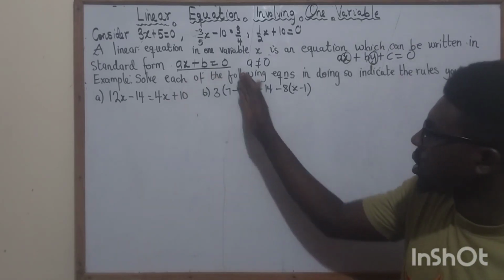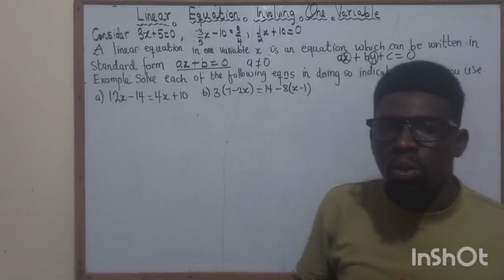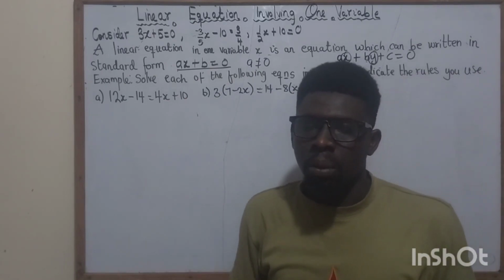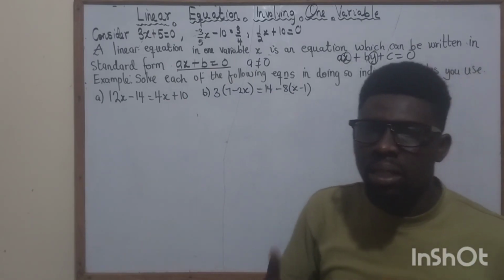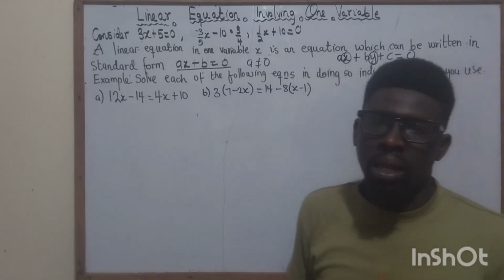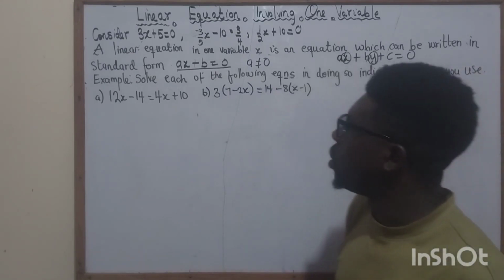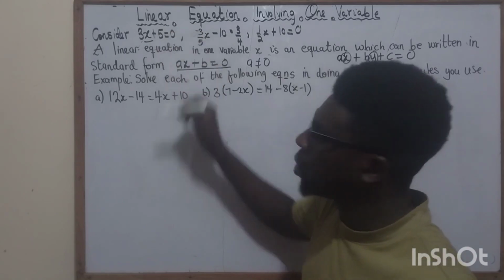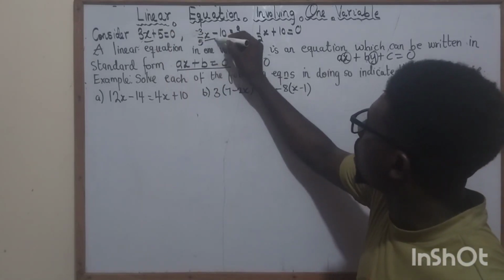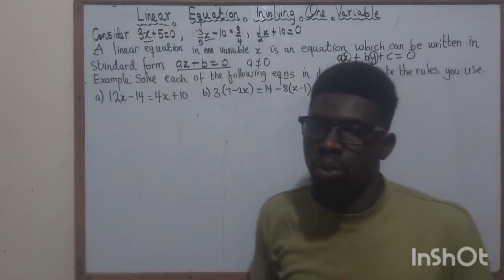Also, per the definition, we can deduce that an equation involving a single variable which has its highest exponent as 1 is a linear equation. When you look at the equations above, the exponent of s is 1, likewise those of the rest of the equations.